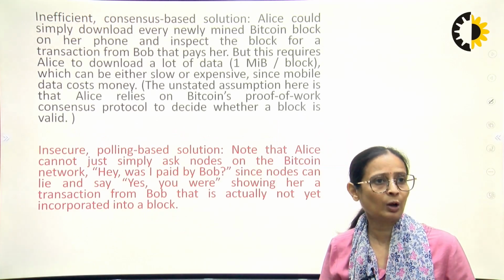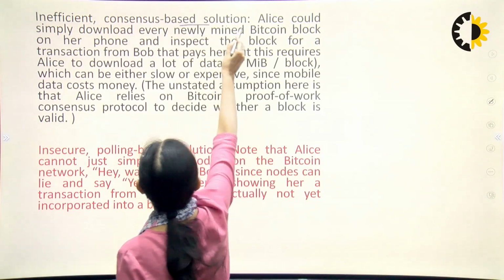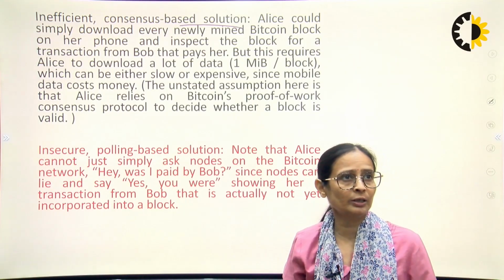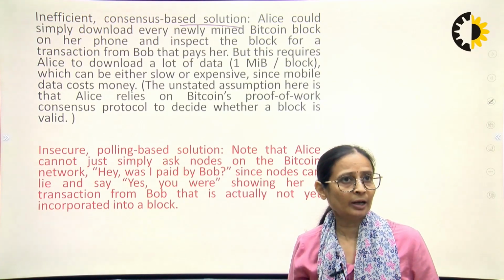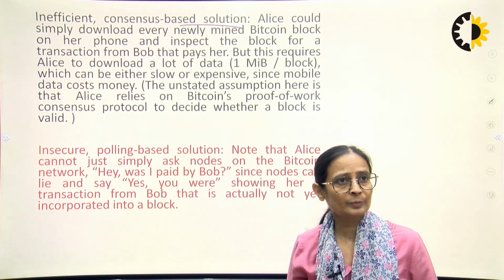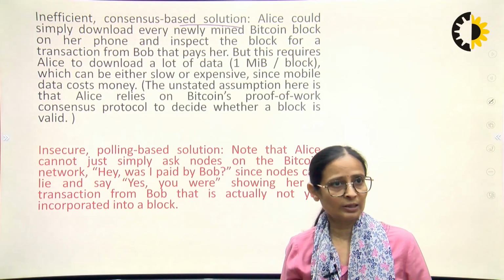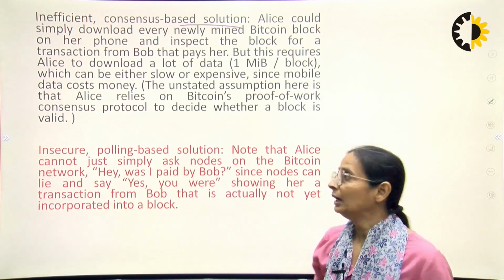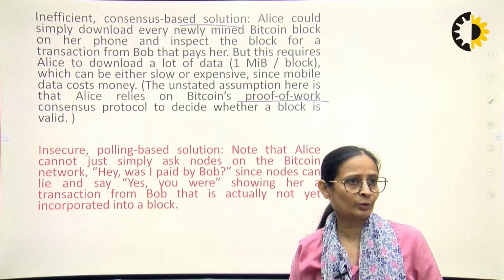If I use the consensus based solution, then this is inefficient, because Alice has to download every newly mined Bitcoin block on her phone and inspect block by block. It will be time consuming as well as space consuming, because Alice in this case is relying on the proof of work consensus protocol.